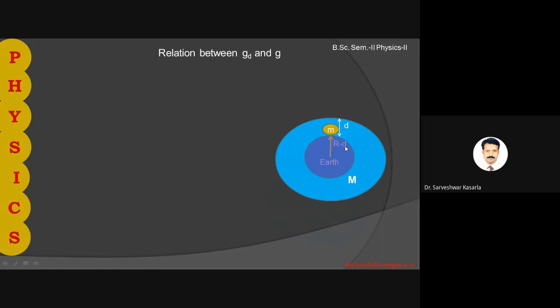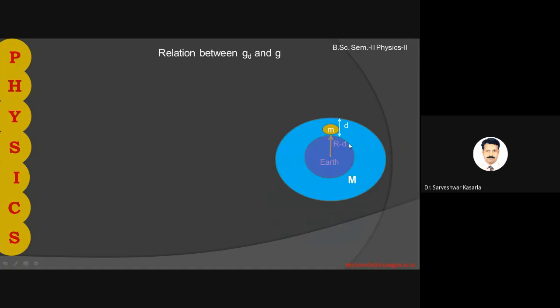Now the force acting on this small m is due to this mass of the earth only, because the force due to the rest of the mass will be cancelled.